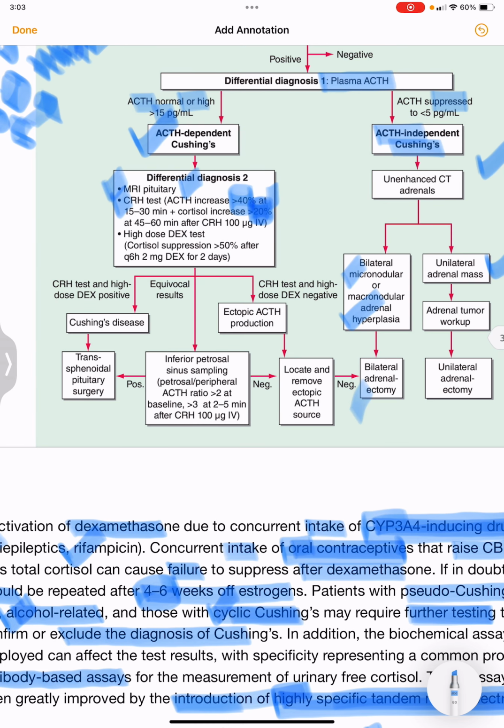This is seen in pituitary tumors which cause ACTH, and these are also responsive to high dose dexamethasone suppression, that is, cortisol suppression will be greater than 50%.